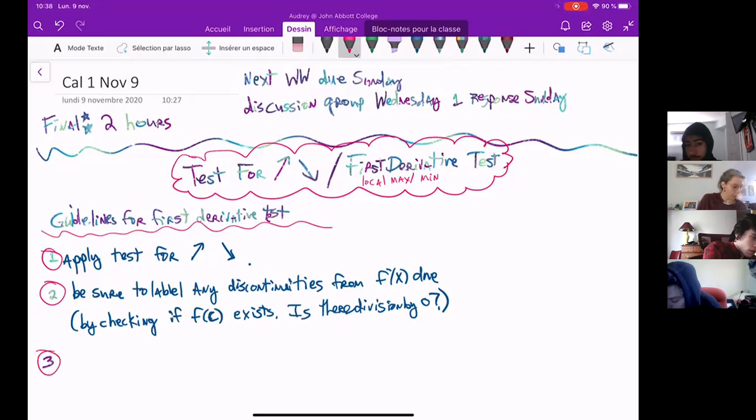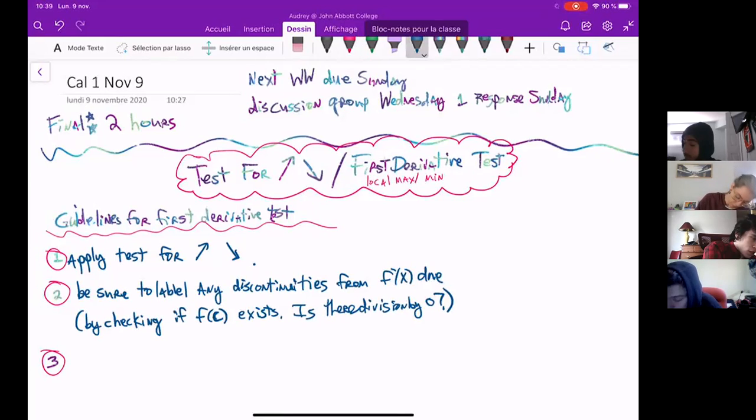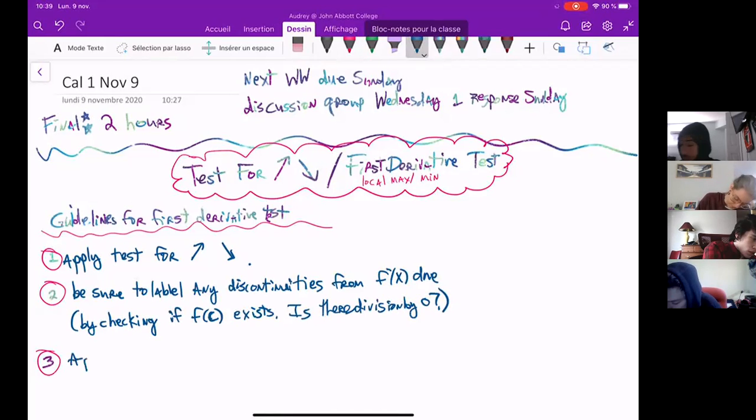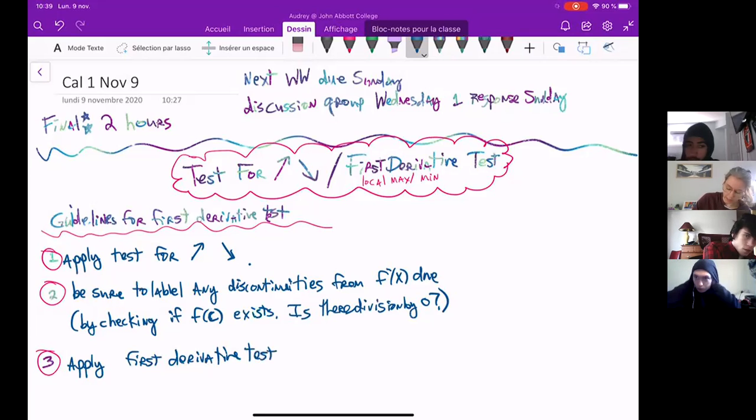And then we apply the test, remembering that discontinuities cannot be maxes or mins.